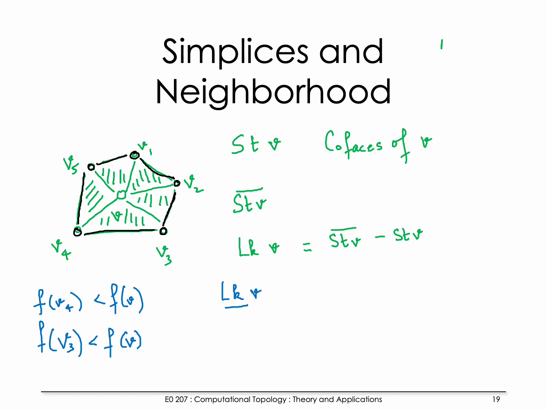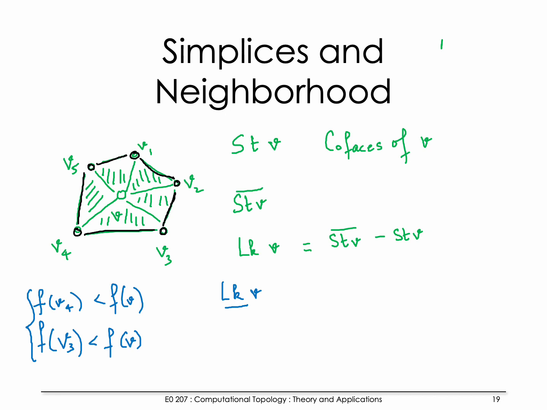The lower link of V is a subset of the link of V that is defined by the vertices that belong to this set, the collection of vertices which have function values lower than that of V. This constitutes the lower link.